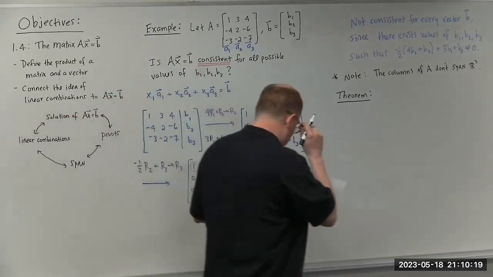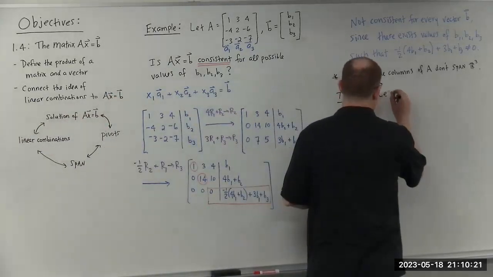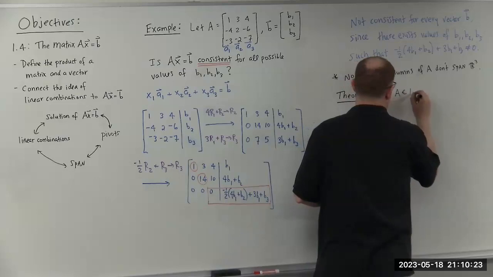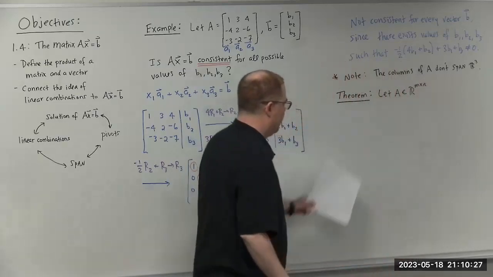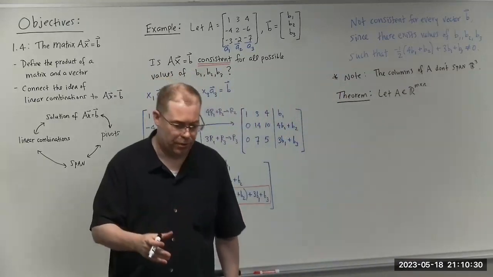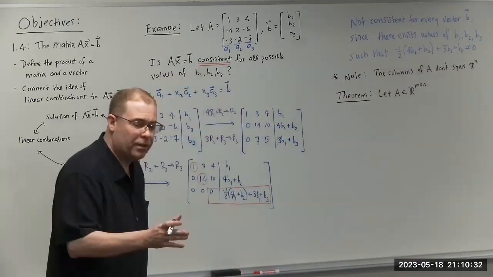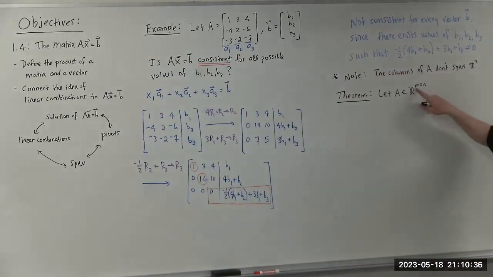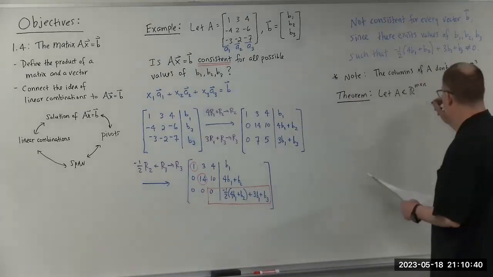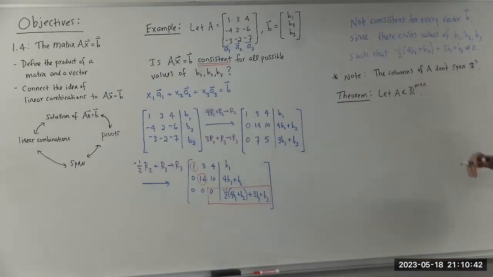All right, so let's assume, let A belong to R of M by N. That just means that we have a matrix with real value entries, where the matrix has M rows and N columns.